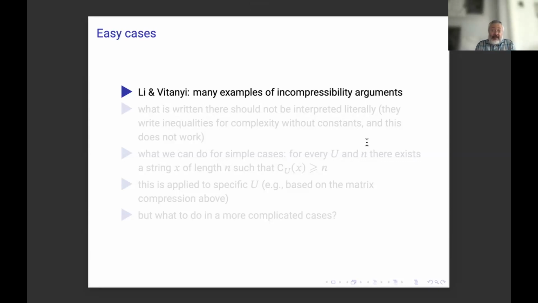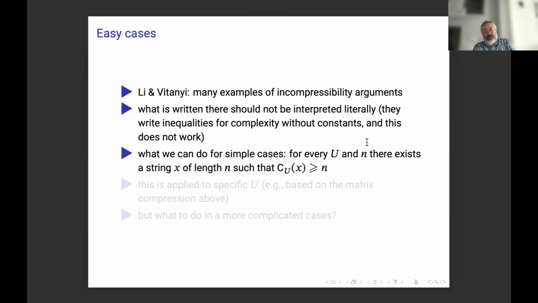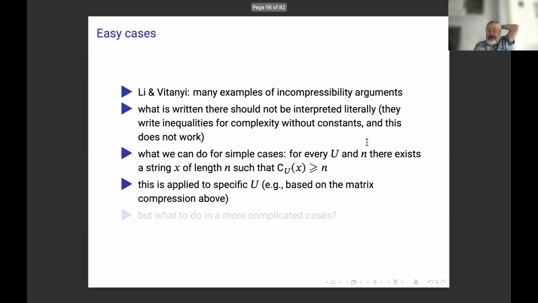But still, it's kind of confusing. For example, if you look at the Li and Vitanyi book, what is written there should not be interpreted literally. It's just false, because they write some inequalities without constants, and this doesn't really work. So, as I said, for simple cases, we can just use a specific U instead of a general U, and this is what is happening.